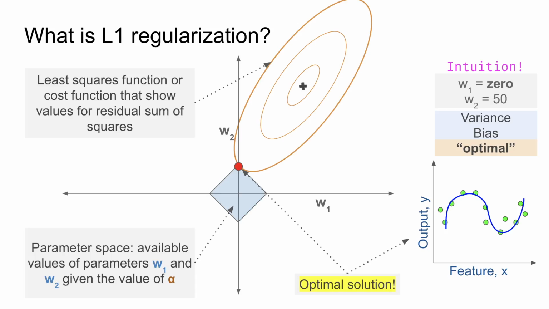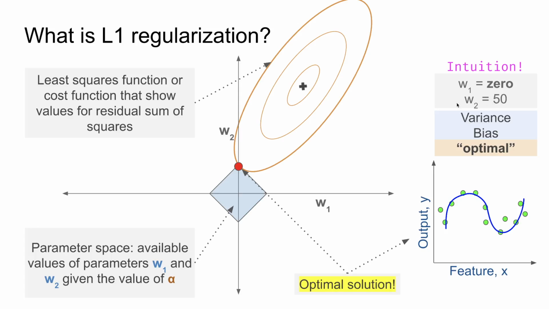And the advantage of having this square shape is that it has corners where the parameters can get to a value of zero rather than going to a value close to zero. And as we can see here on the red dot, the value of the parameter w1 would be zero because it's directly on the y-axis, and thus we can see here on the right hand side the intuition that that parameter can now be completely eliminated.